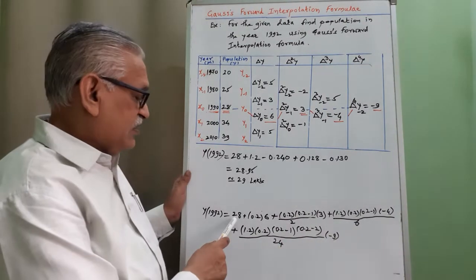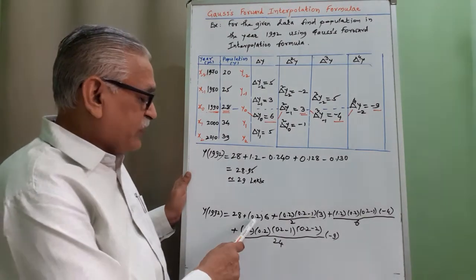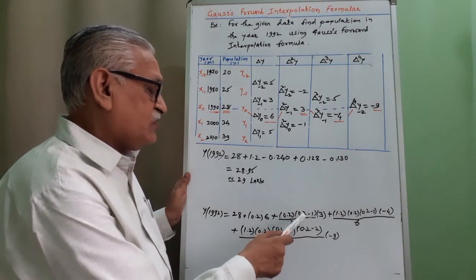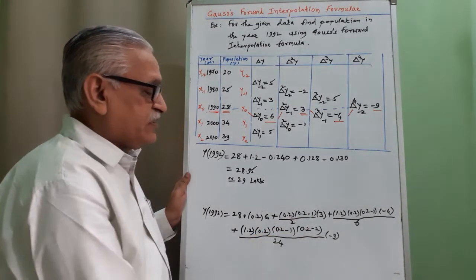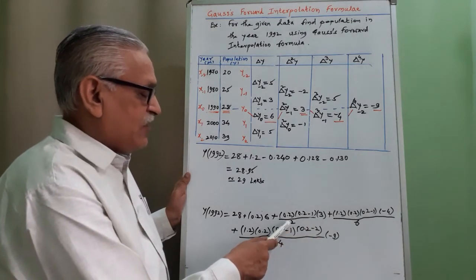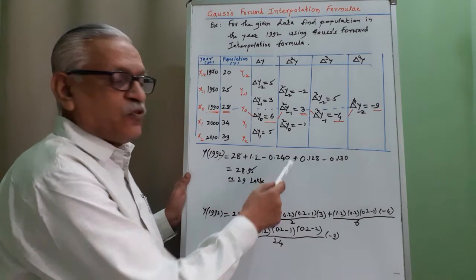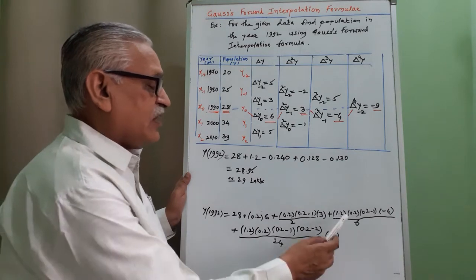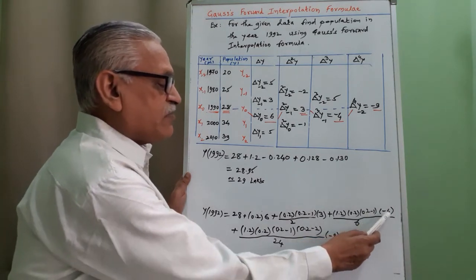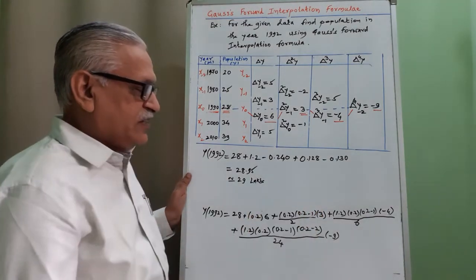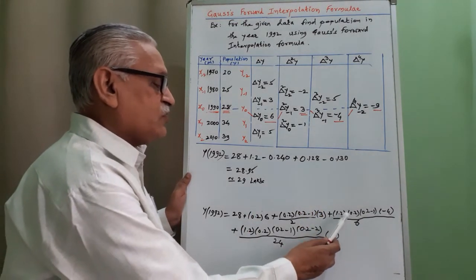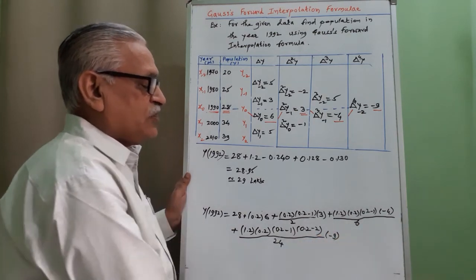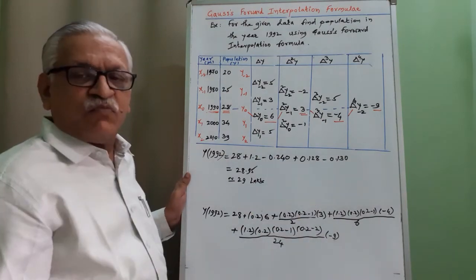Simplifying it further, 28 as it is, no change. 0.2 into 6 we get 1.2. Then this is 0.2. 0.2 minus 1 we get minus 0.8 into 3 divided by 2. That value is coming as minus 0.240 after simplification. Next plus, this is plus, minus and minus. Minus minus becomes plus. Therefore the final sign is plus. 1.2 multiplied by 0.2 into minus 0.8 into minus 4 divided by 6. That value is coming as 0.128.